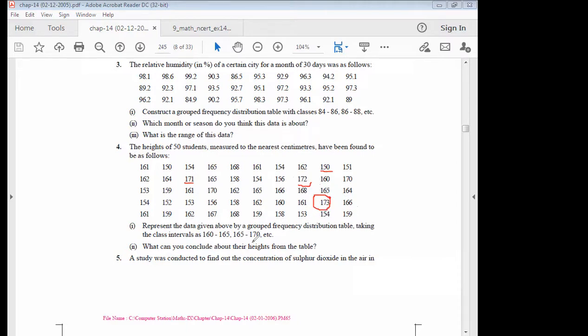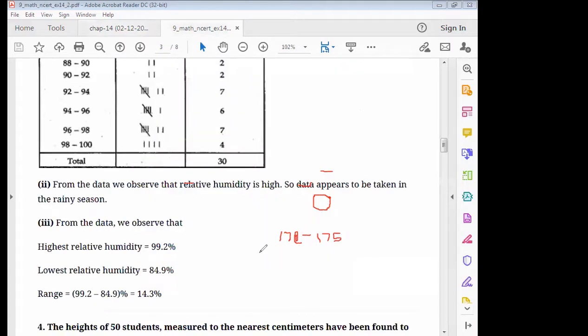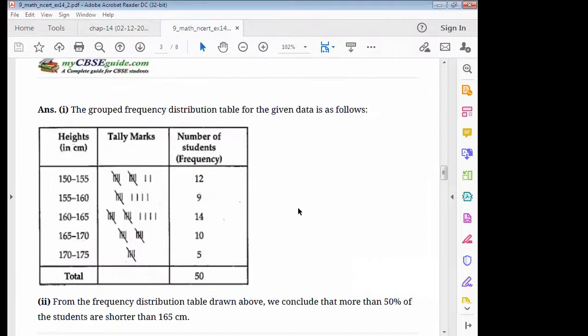That's why the last class interval will be 170 to 175. Understand? Because 173 is given to us, the last class interval will be 170 to 175. This is the final interval we get, right?